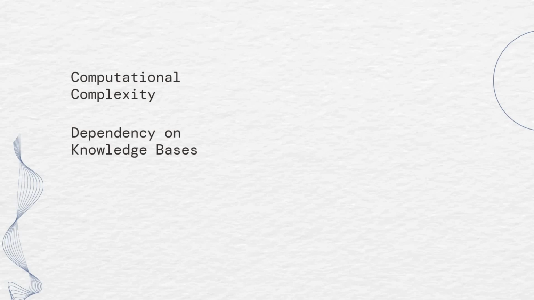Because here we are directly retrieving the information from the database, it becomes very necessary that the information stored in the database in the first place is correct. Incomplete or biased data sets can lead to incomplete or biased responses, affecting the overall reliability of the system. So it is highly dependent on the knowledge base or the database, because of the retrieval aspect of it.